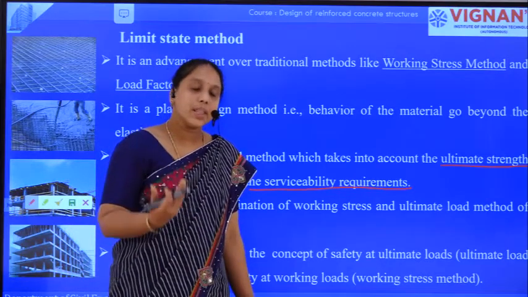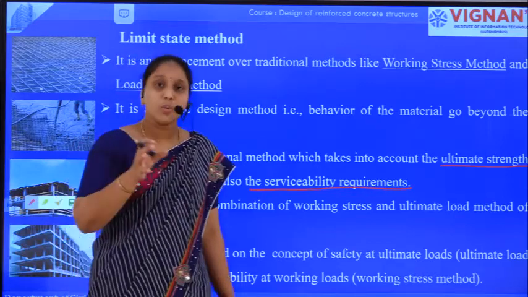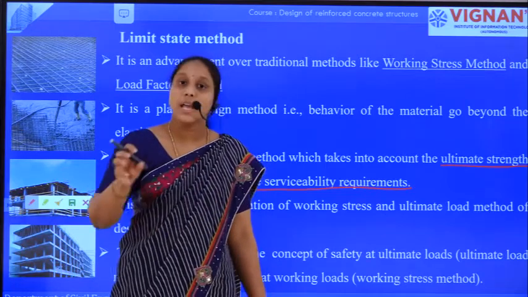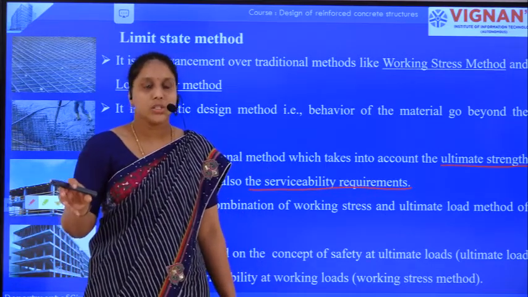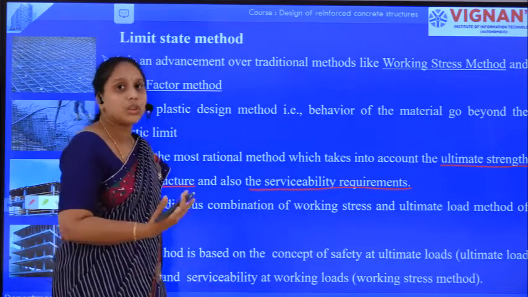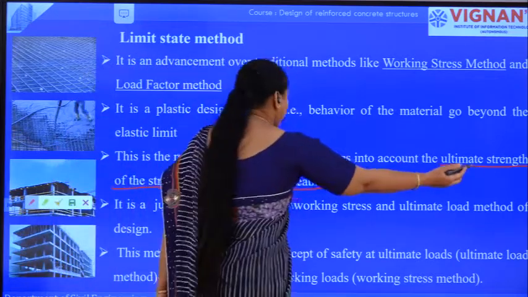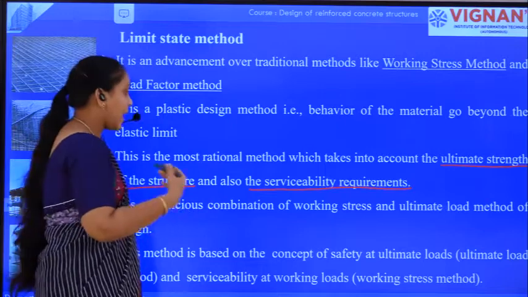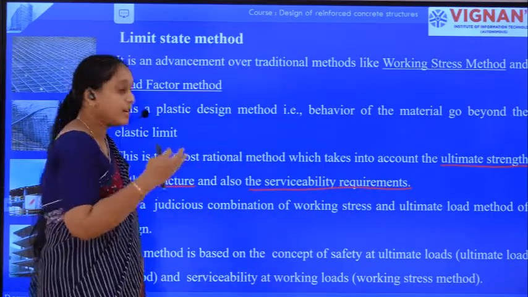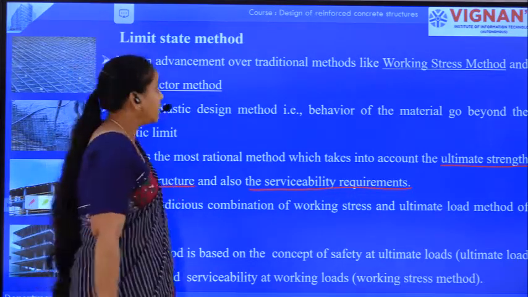So in the limit state method, both these are taken into consideration. In the working stress method, only the strengths are taken into consideration and the design is done. In the ultimate load method, only the loads are taken into consideration and the design is done. But in the limit state method, both the parameters are taken into consideration, that is the ultimate strength of the structure as well as the serviceability requirement. These two parameters are taken into consideration in the design of the limit state method.